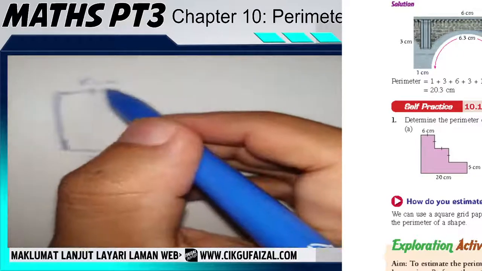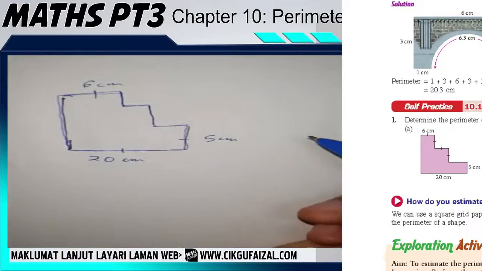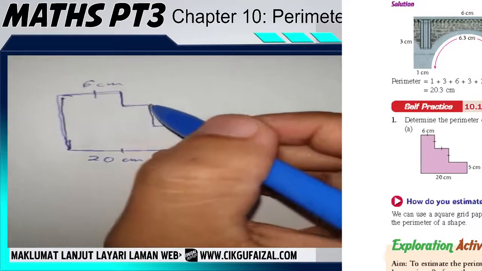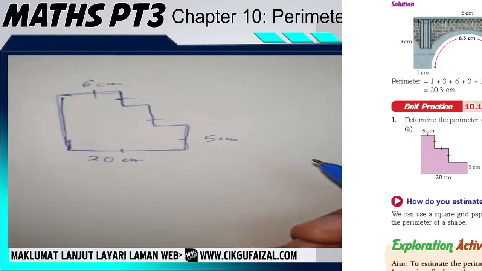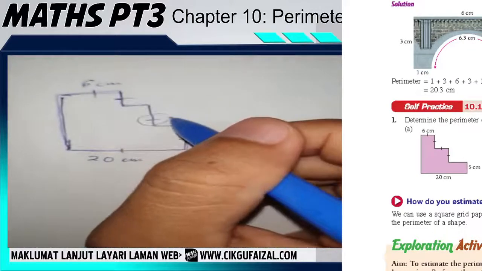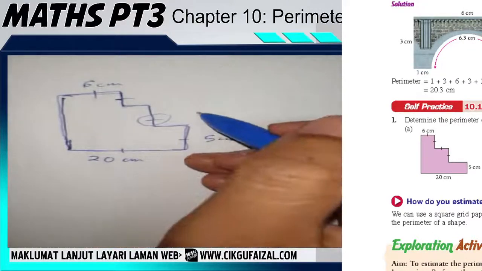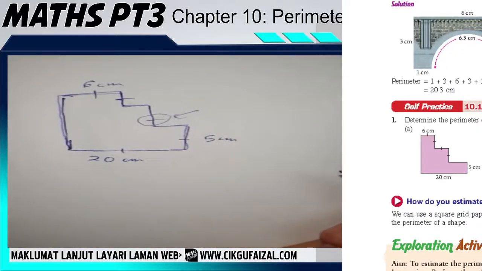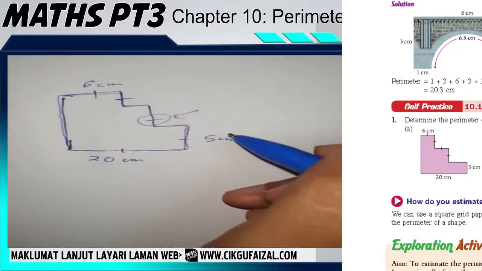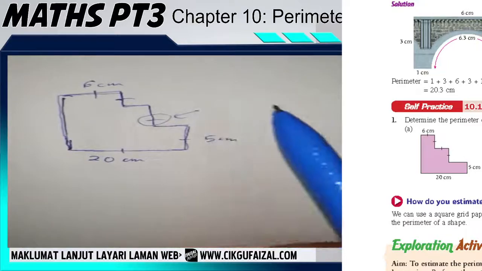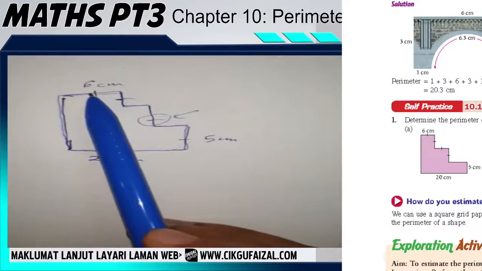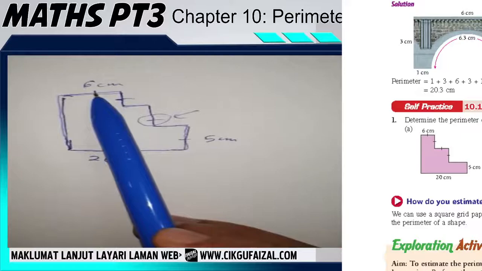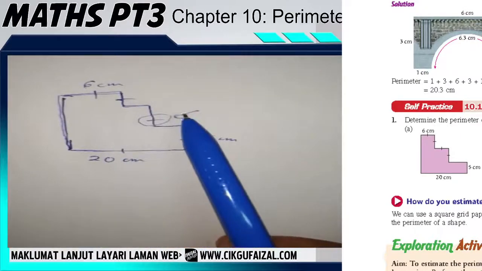Okay, so here is 6 cm, and if you realize that there are line symbols over here, this symbol means that it has the same value as the given number 6 cm. So 6 cm here is the same as these sides and these sides.